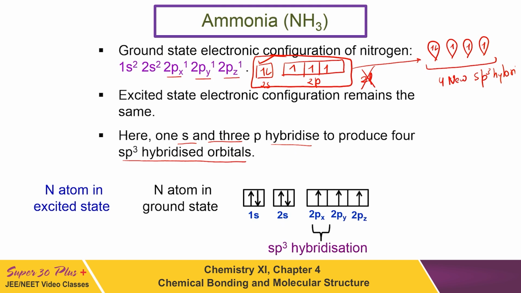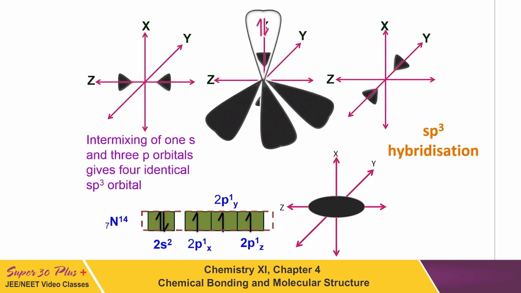The orbital in which a pair of electrons is there cannot further participate in bonding because it is already paired, and the one that is already paired cannot be paired again. So this orbital will remain there only, right? And the rest 3 will participate in bond formation like this.